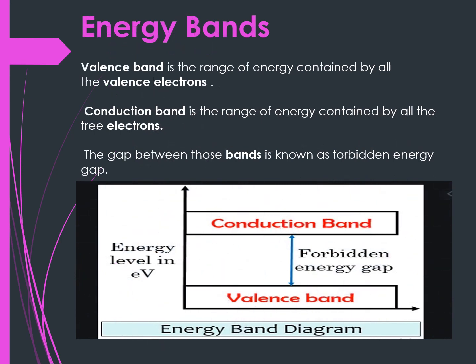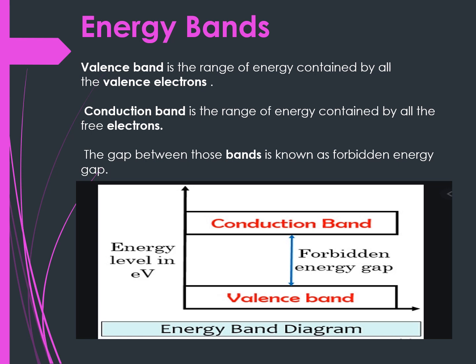In conductor, semiconductor and insulator, the energies are in the form of band. There are two bands, one valence band and another conduction band. Valence band is the wide range of energy possessed by valence electrons.